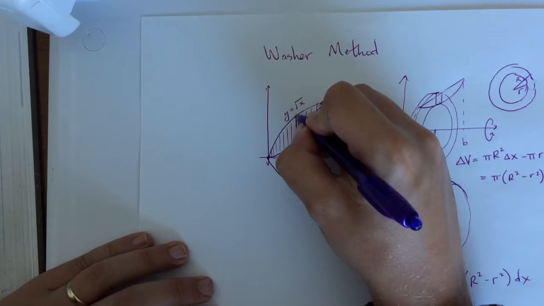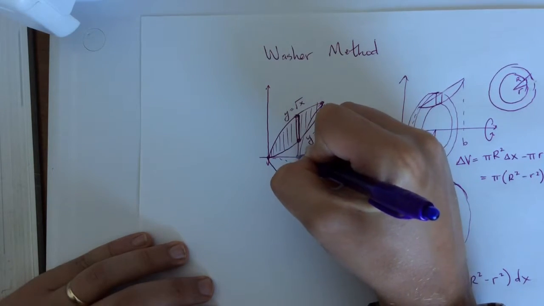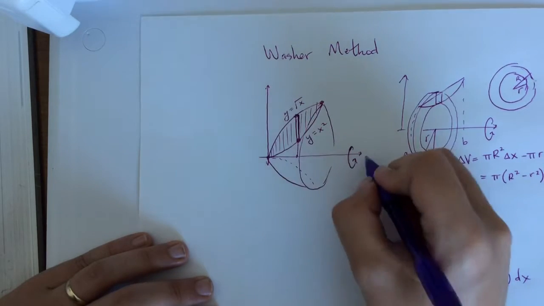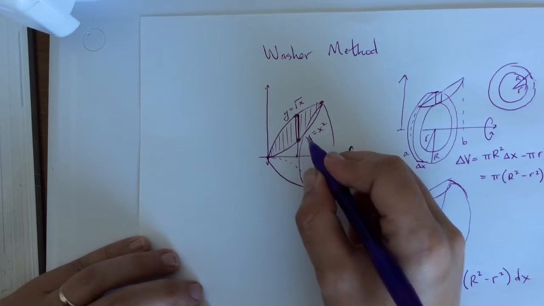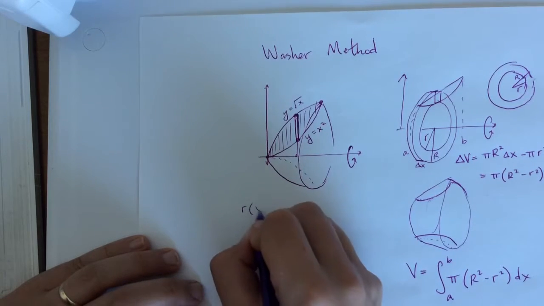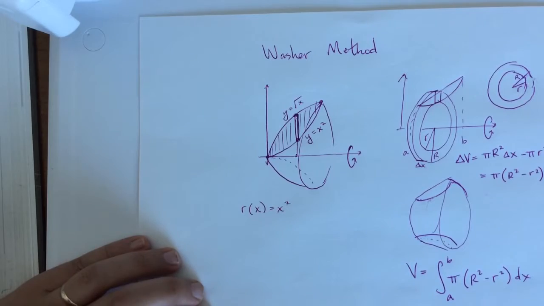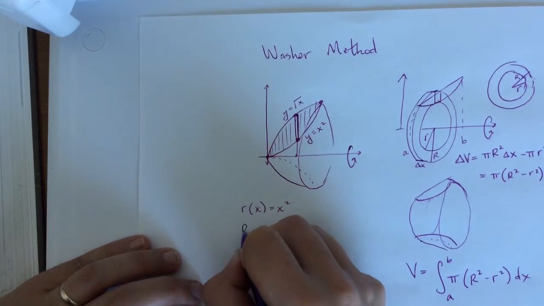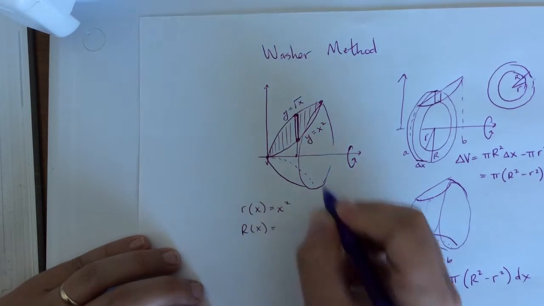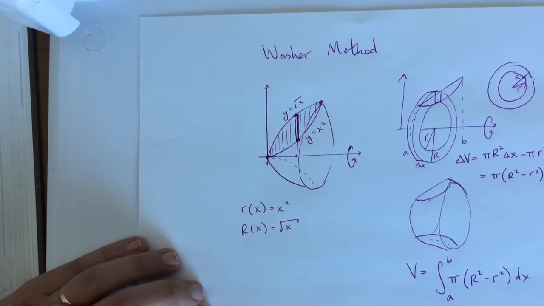The inner radius of this function is the distance from the axis of rotation, which is the x-axis, to the function y equals x squared. So our minor radius, r of x, is x squared. Then our major radius, R of x, is the function on top, which is the square root of x.